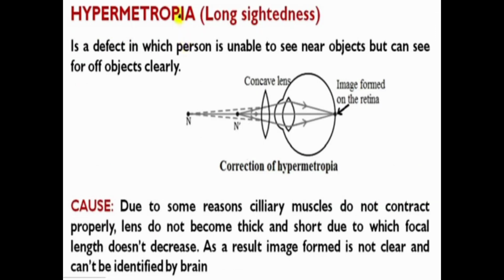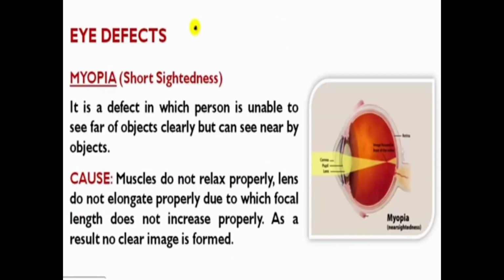Now another is hypermetropia. In myopia we saw that the person is unable to see far off objects clearly but can see nearby objects clearly. The reason behind myopia is that the muscles do not relax properly, due to which the lens does not elongate properly and the focal length does not increase, so no clear image is formed.